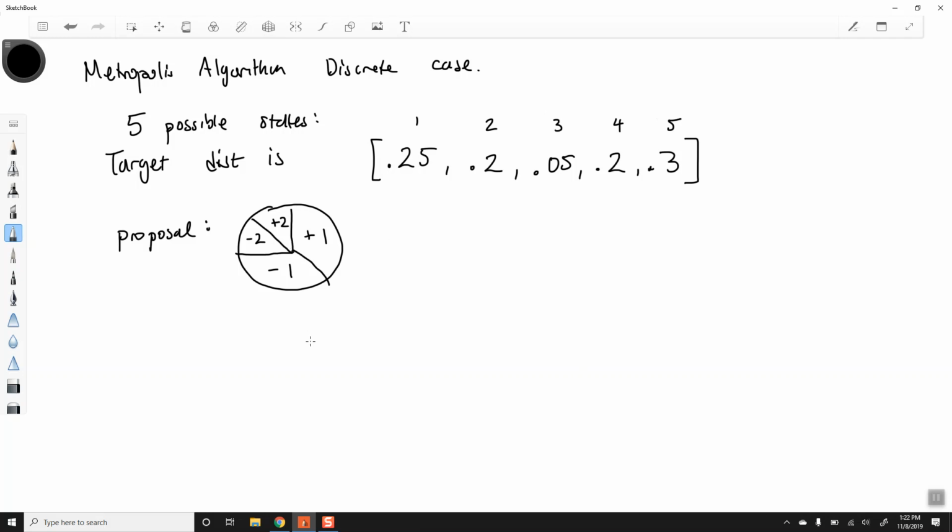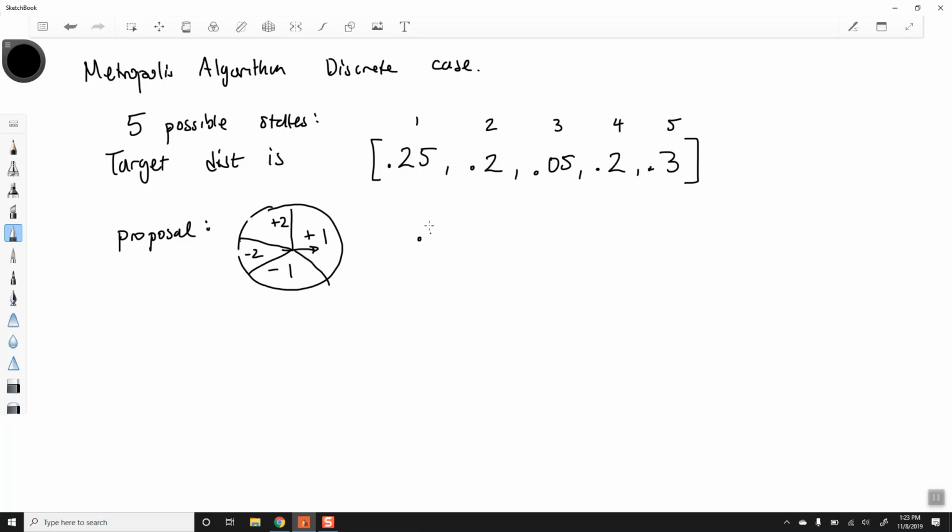Okay, let's make it easier, just so the numbers add up. Okay, so you're going to spin a wheel, or spin an arrow.